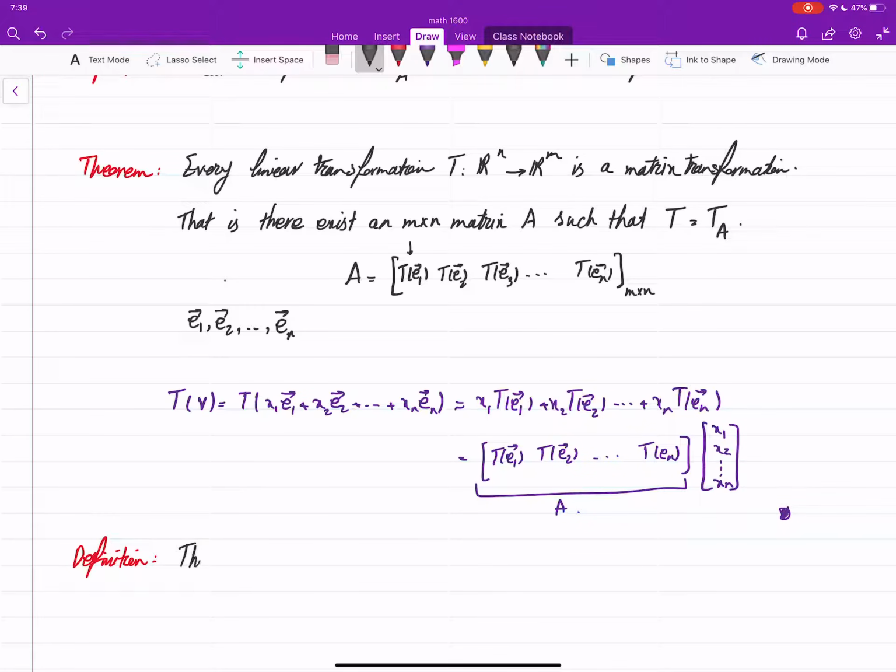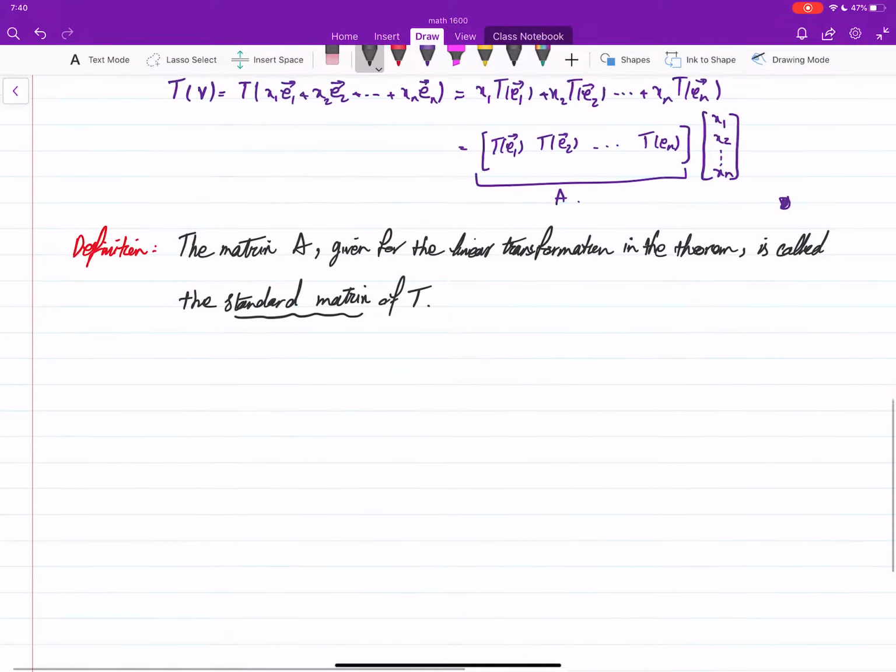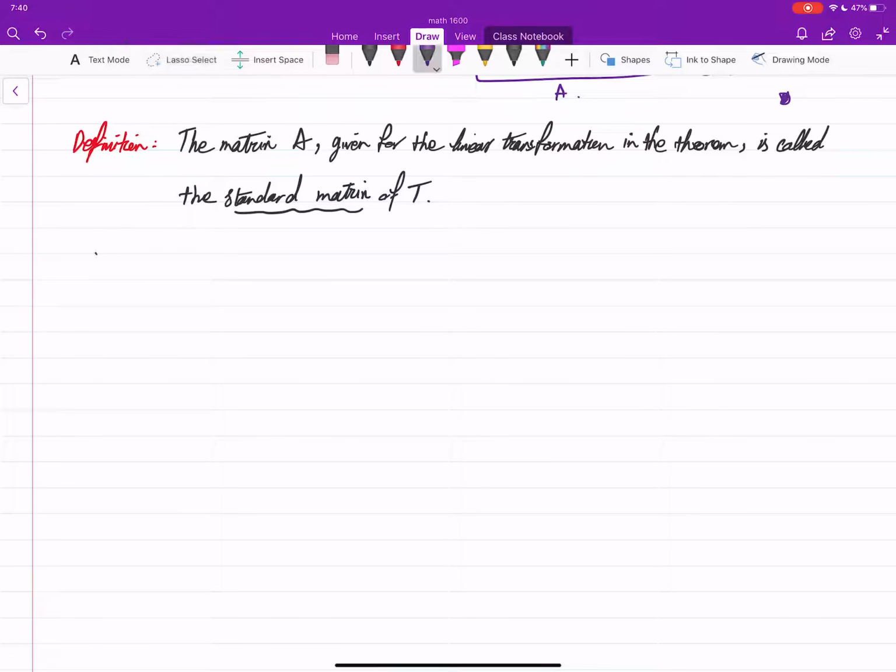The matrix A given for the linear transformation in the theorem is called the standard matrix of the transformation T. So for any linear transformation, you can assign a matrix. So let's do some examples for this.